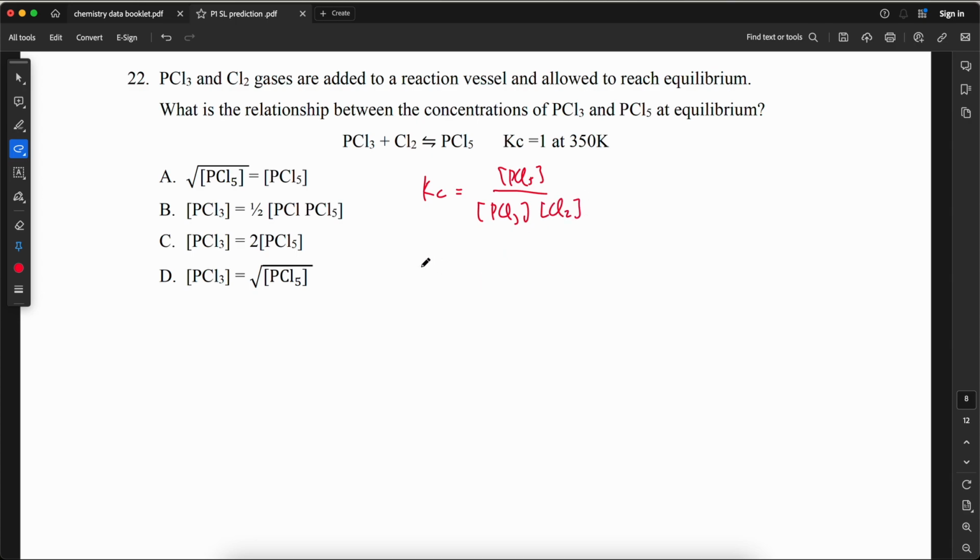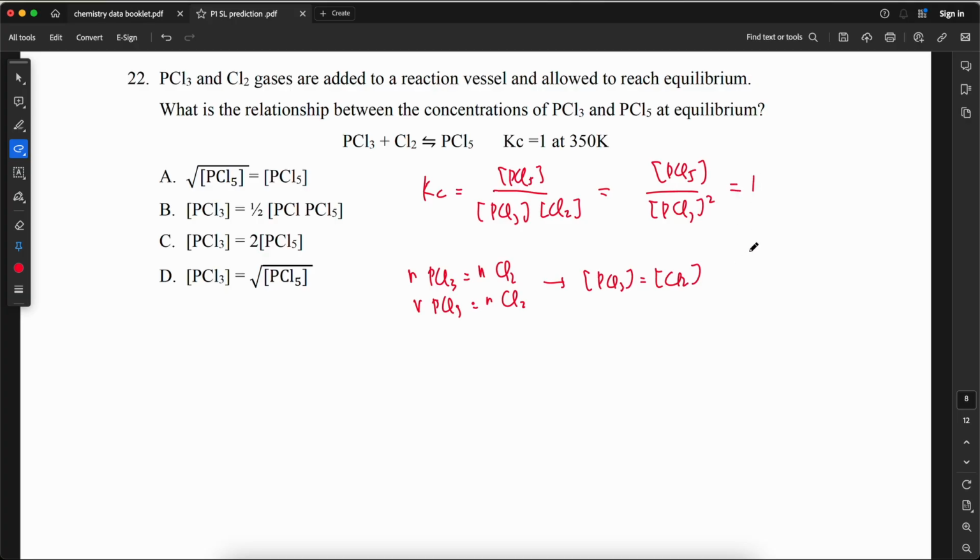If we assume that moles of PCl3 equal moles of Cl2, therefore the volume also will be the same. So this will give a new relationship, which is the concentration of PCl3 equal to the concentration of Cl2. So we can rewrite the equation, which is PCl5 over the concentration of PCl3 squared, because they are the same.